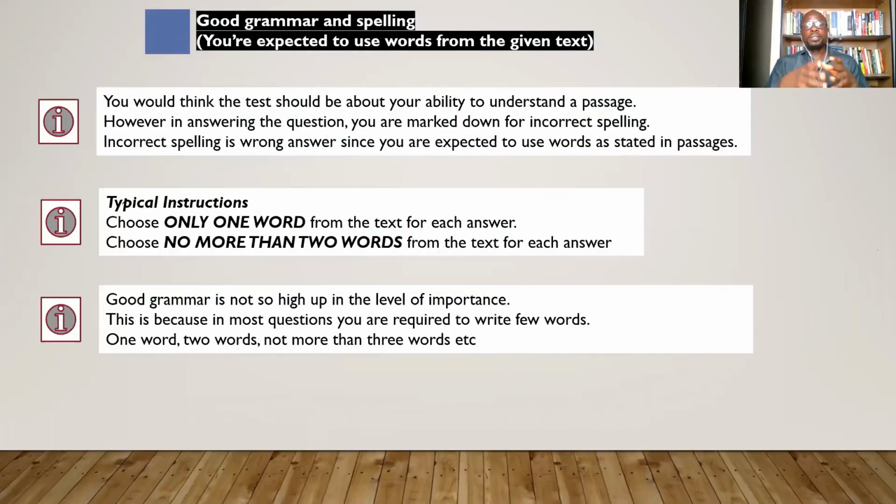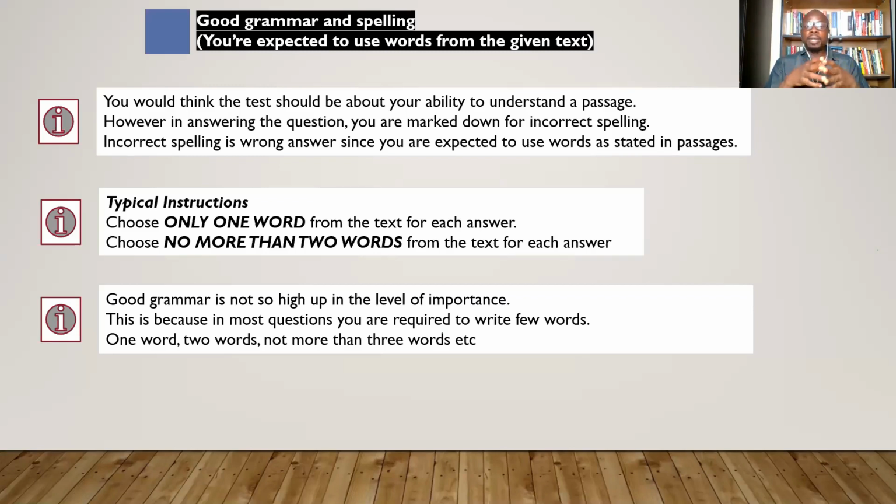So the first point is good grammar and spelling. In reading tests, you would think that the test is about your ability to understand a passage, but the truth is that in answering questions, you can be marked down if you don't spell the words correctly.